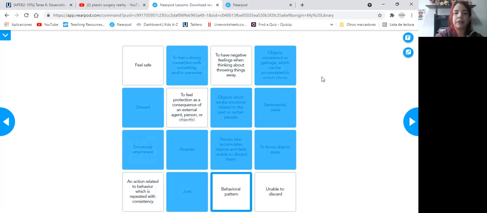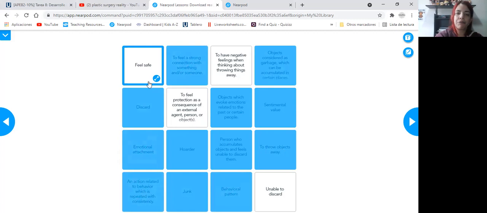Let's see, Fabi, another one. Behavioral pattern. Okay, tell me what this is. An action related, well, an idea related to behavior which is repeated with consistency. Uh-huh, very good. To feel safe, what is that? Protection, very good.